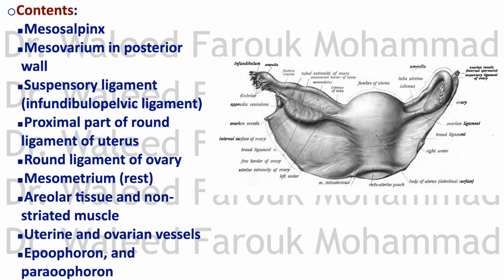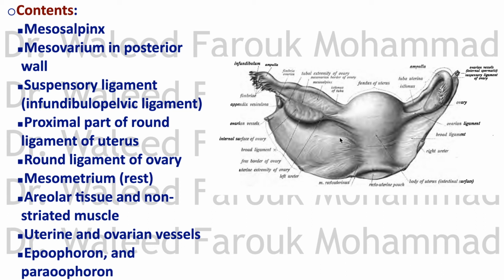The contents of the broad ligaments, of course, the tubes, the mesosalpinx, the mesentery of the tube, the mesovarium, the mesentery of the ovary, the vestigial structures from the atrophied mesonephric duct, which are the epoophoron and paroophoron, areolar tissue. The rest of the broad ligament is called the mesometrium.